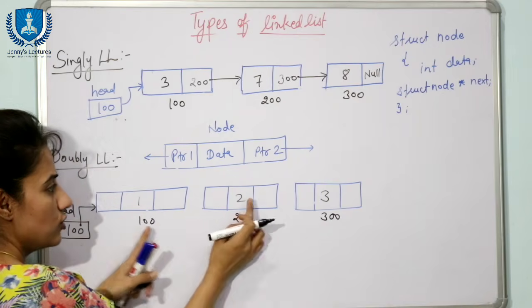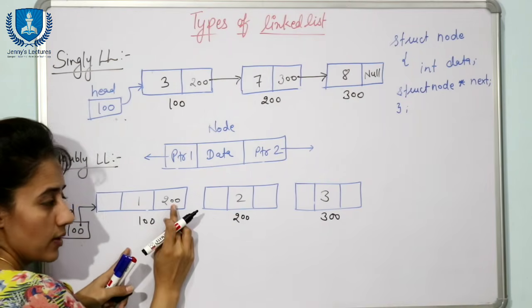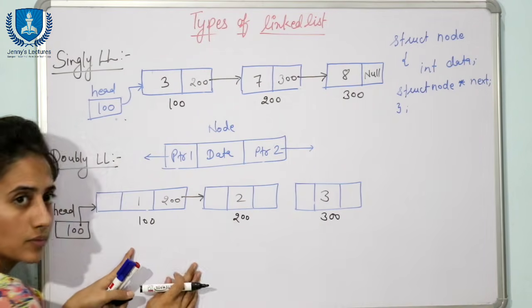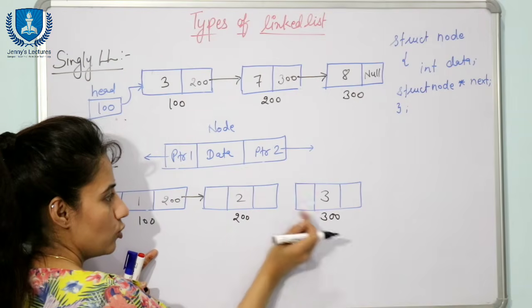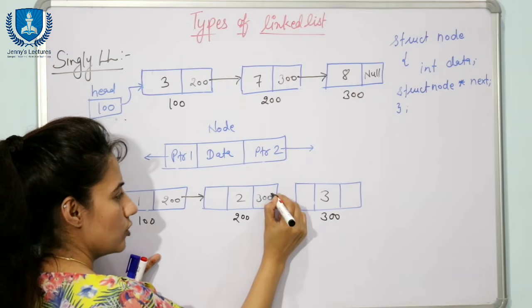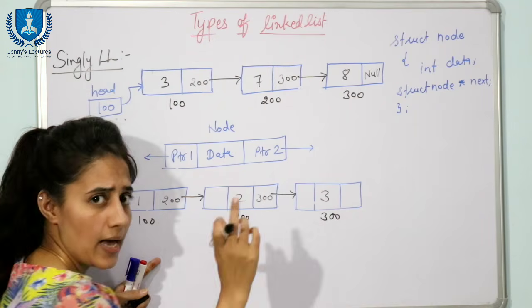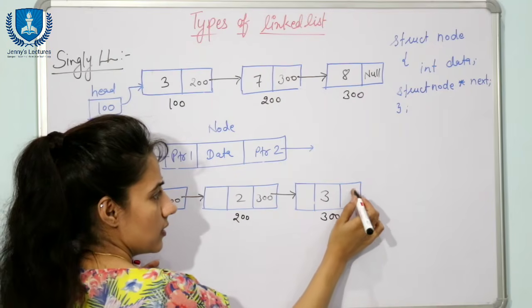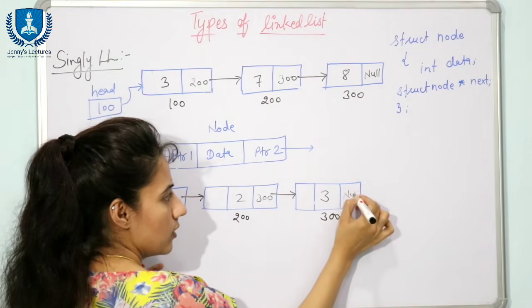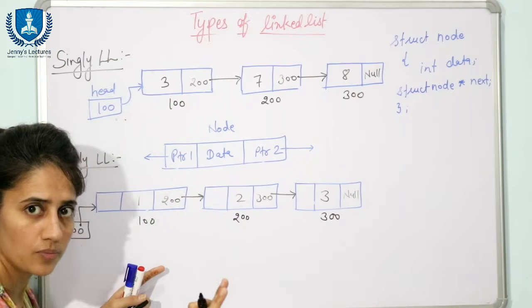So the next node is this one, its address is 200, so this part contains 200, and it is going to point here. Now this one also has 300, the address of its next node, so it is going to point here. And suppose this is the last node, so in this part, pointer 2, it is going to have null, or you can say 0, because it is not going to point anywhere.